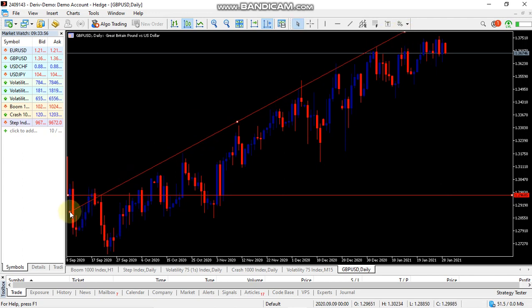Good. Make sure it touches the majority of the tops of the candles. So let's say this one is the upper trend line, and let's just take the lower trend line.